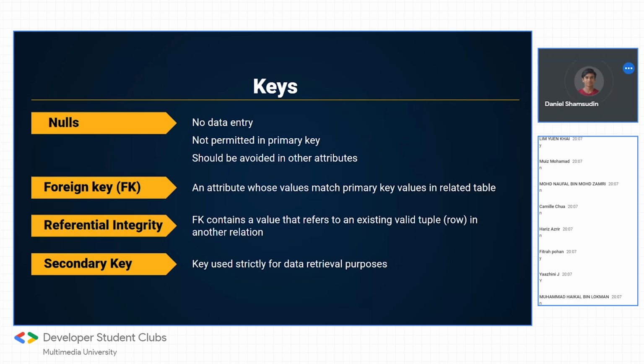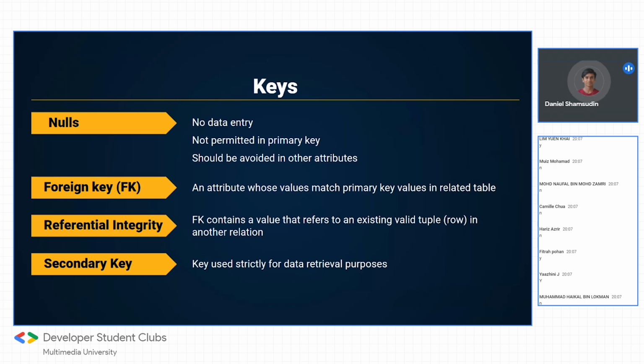The next one is referential integrity. Referential integrity is the logical dependency of related tables. Imagine that we have two tables, A and B, and both tables are related, and the primary key of table B is a foreign key of table A. Therefore, the foreign key in a table must refer to an existing valid row in that related table.